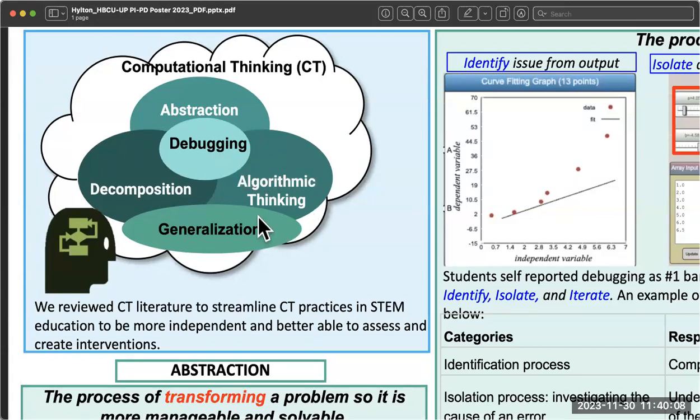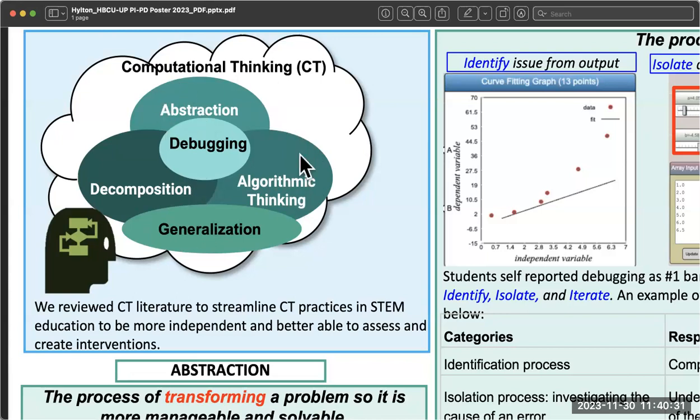Algorithmic thinking is a process of outlining a series of logical steps to a solution. Decomposition is a process of breaking down a complex problem into smaller, more manageable parts. And generalization is the process of recognizing types of problems to which various parts of the solution can be reused and reapplied legitimately. We are only focusing on the first 3.